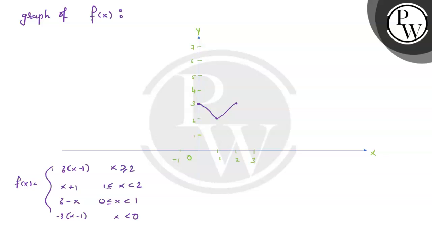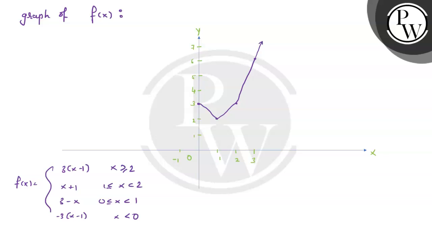Then at 3, the functional value is 6. So here we have somewhere around (3, 6). And the graph in the interval 2 to 3 looks like this. And for x greater than or equal to 2, this graph continues, right? So this goes on.